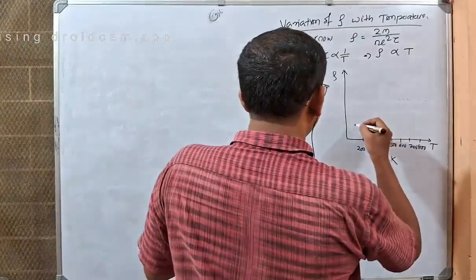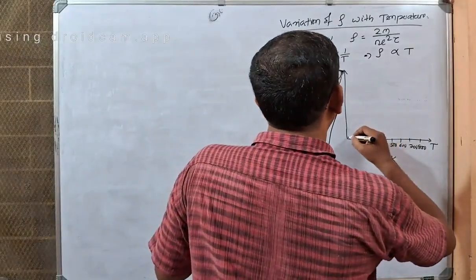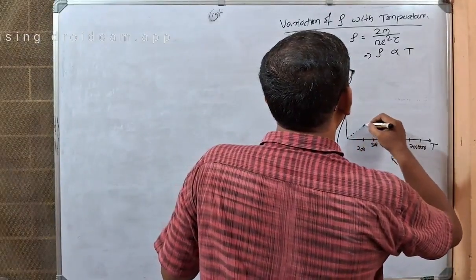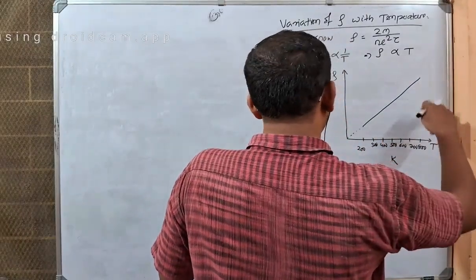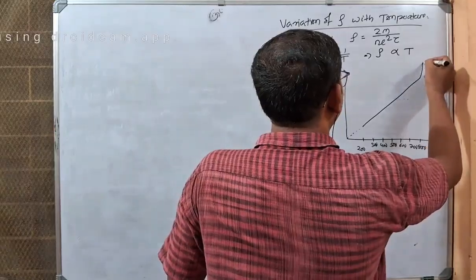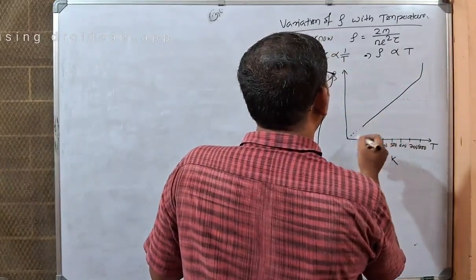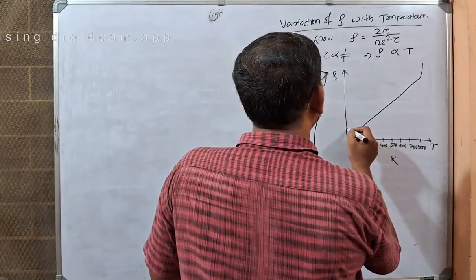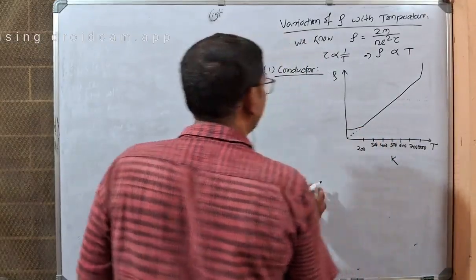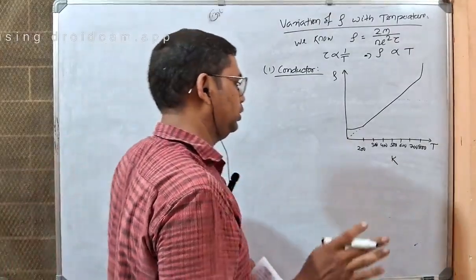The curve is not a straight line all the way. Above 800 Kelvin, it goes suddenly high, and below 200, there is some remaining resistivity in the material. It does not go to zero.